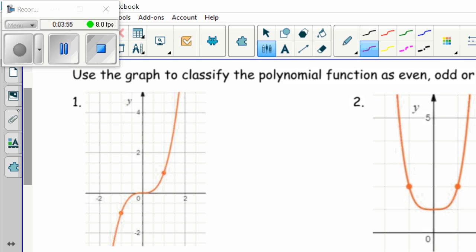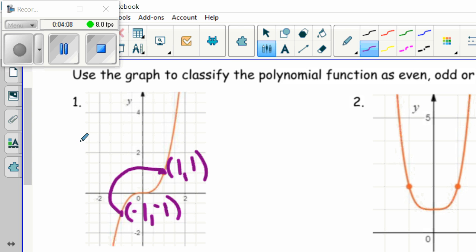If I take this point that they gave to me, which is the point 1, 1, and rotate it 180 degrees, this point is negative 1, negative 1. Are they both on the graph? Yes. So this is reflection about the origin. So this has origin symmetry. Therefore, it is an odd function.